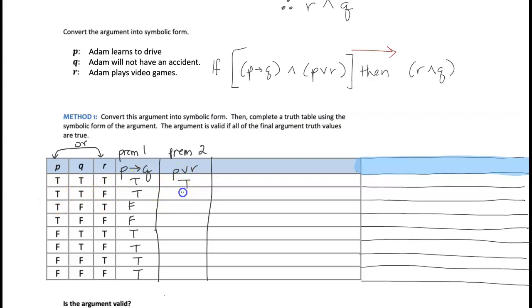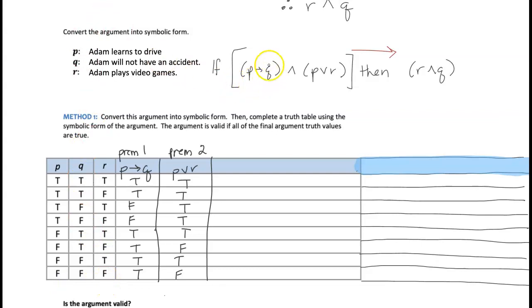Case 2 has at least one true. So does case 3. And so does case 4. Case 5 has at least one true. Case 6 ends up with both statements false, so that gives us a false truth value. Case 7 has at least one true, and case 8 has both of them false, and we end up with a false truth value.